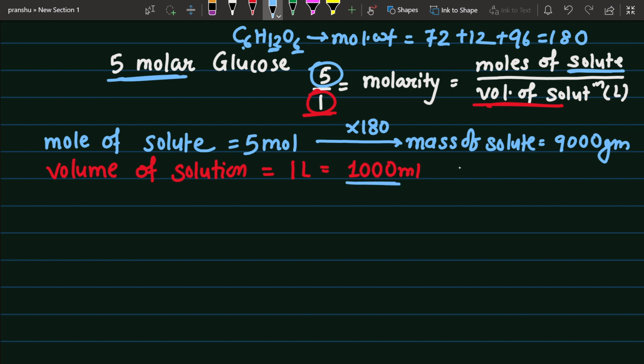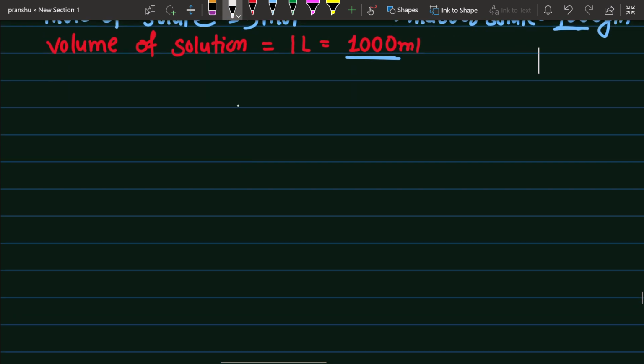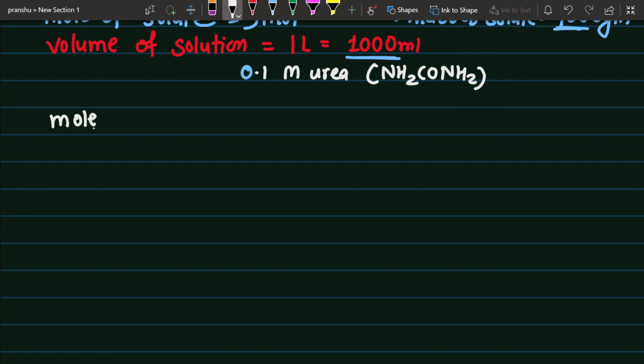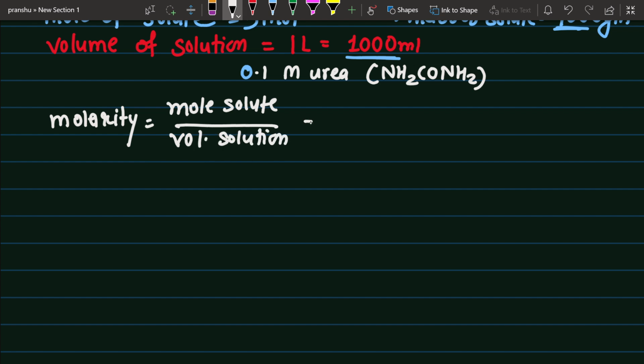This is hypothetical data. Don't get confused about the 1000 ml water and the mass. It is just an imaginary question. One more time, suppose I have 0.1 molar urea. Urea has the formula NH2CONH2. Molarity is equal to moles of solute divided by volume of solution, so it is 0.1 divided by 1.